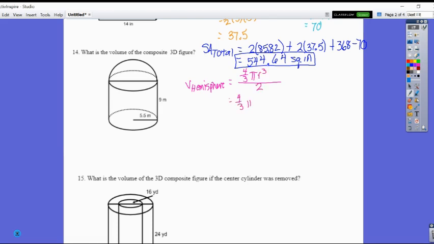So 4/3 pi times a radius of 5.5, because my radius for the bottom is going to be the same as the radius for the top. And that doesn't even matter if it's going horizontally or vertically or at some angle, still the same. So put that into our calculators.